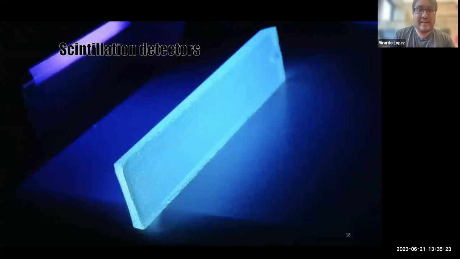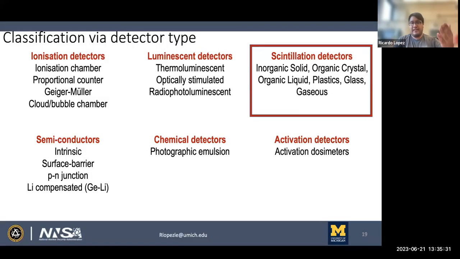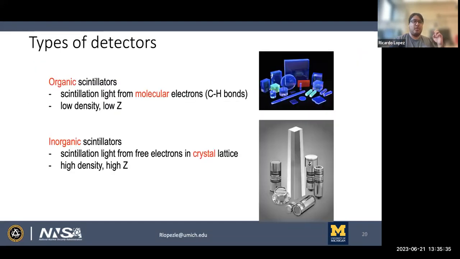Cool. So next up, the other category of detectors I'll be talking about are scintillator detectors. And here, as mentioned before, within scintillators, we classify them into two different categories. We have organic scintillators and inorganic scintillators.